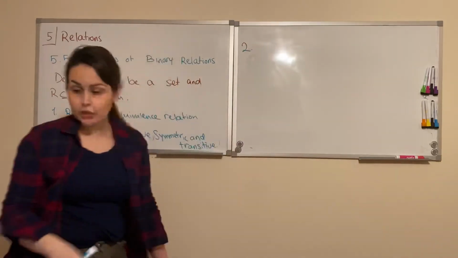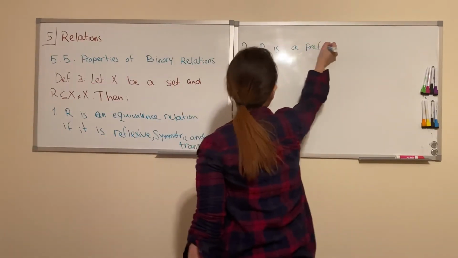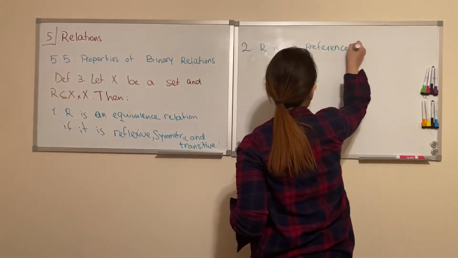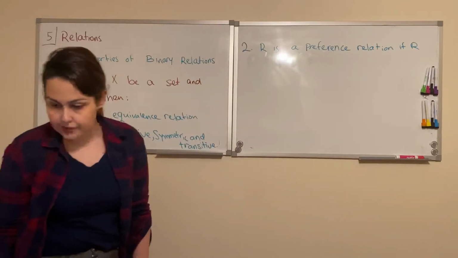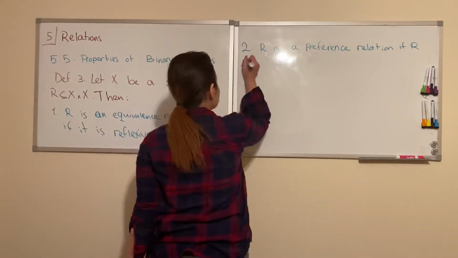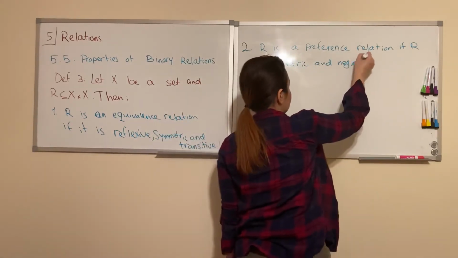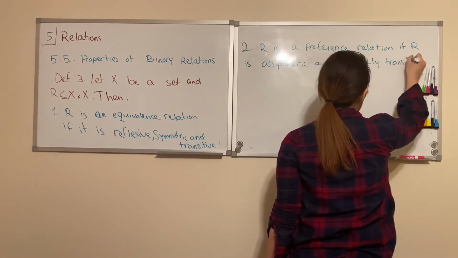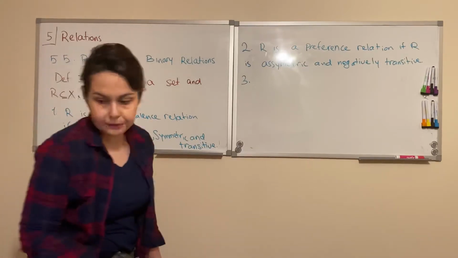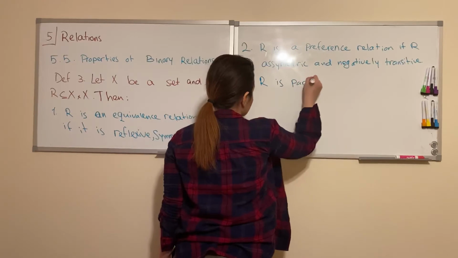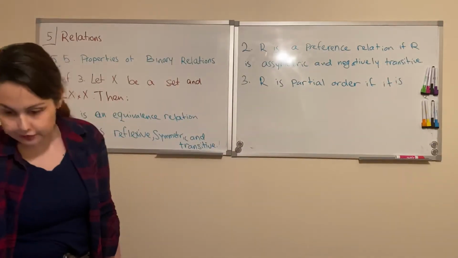The second one, we call R a preference relation if R is asymmetric and negatively transitive. 3, R is partial order if it is reflexive, anti-symmetric and transitive.